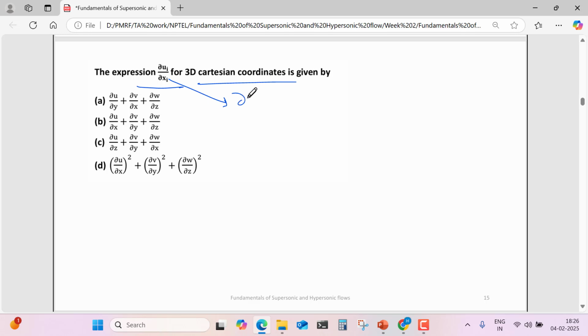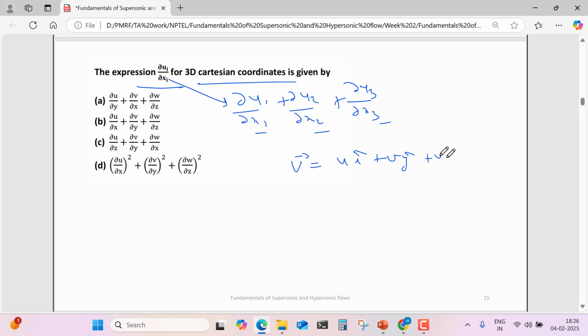We can expand it as ∂u1/∂x1 plus ∂u2/∂x2 plus ∂u3/∂x3. x1, x2, x3 are nothing but x, y and z, and u1, u2, u3 are u, v and w generally. We take velocity as u i cap plus v j cap plus w k cap. So this b will be the answer.